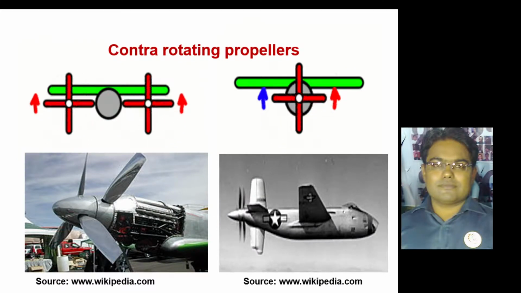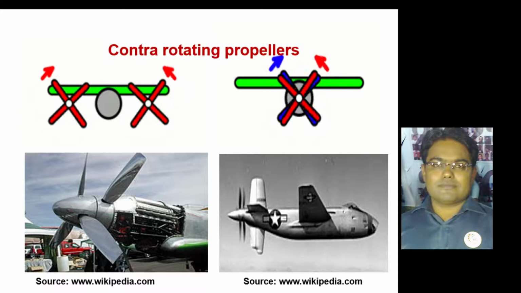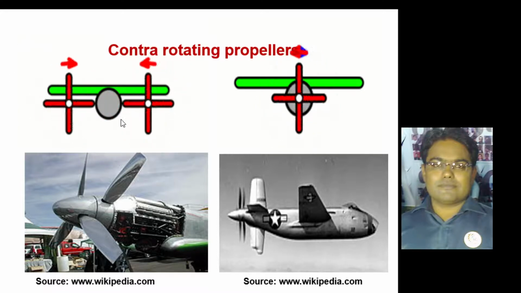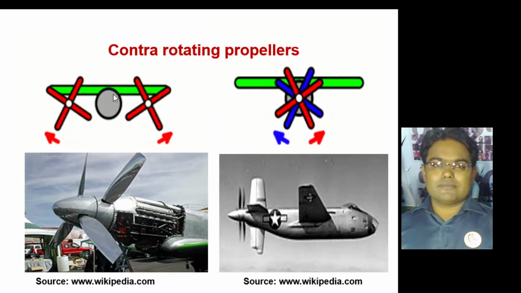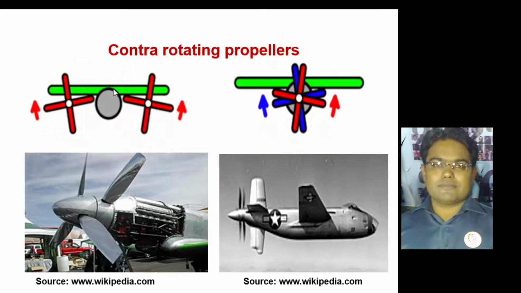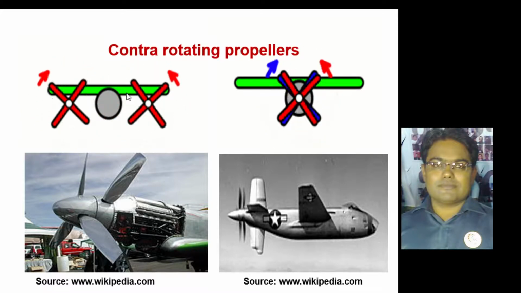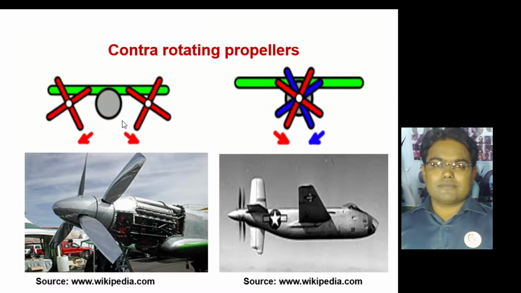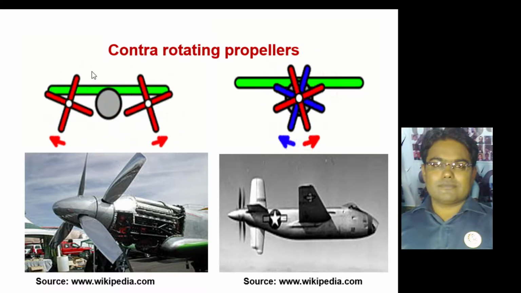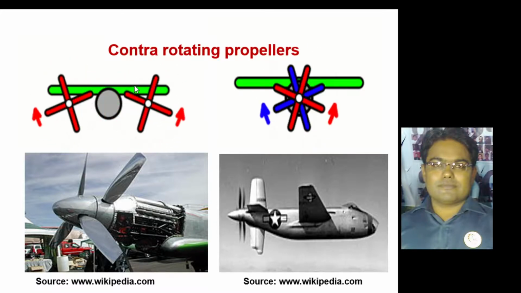This is one example of a contra-rotating propeller. The propellers basically rotate opposite to each other. One propeller will be rotating clockwise, and another will be rotating anti-clockwise, to negate the effect of additional torque being transferred to the aircraft with a single propeller. If a single propeller is rotating, there will be additional torque acting on the aircraft.